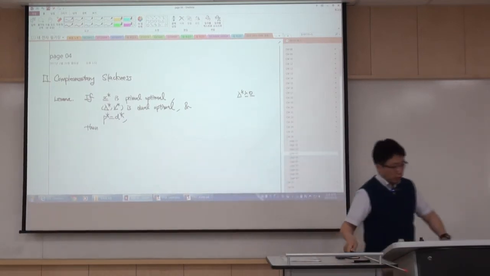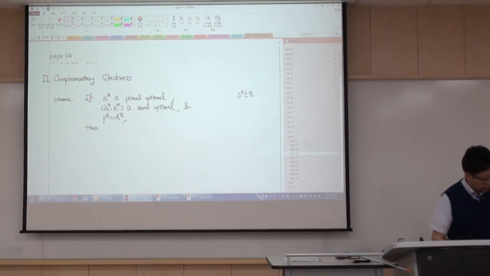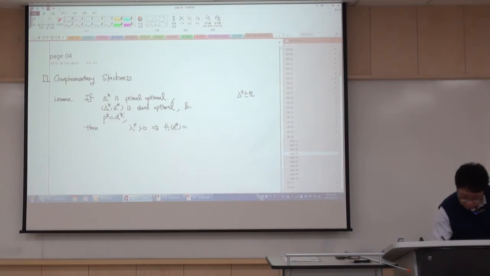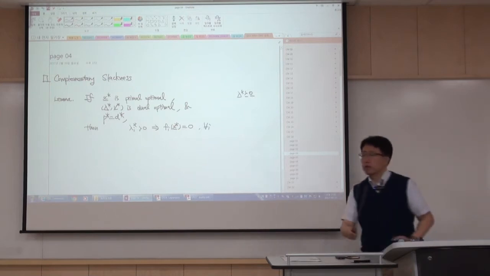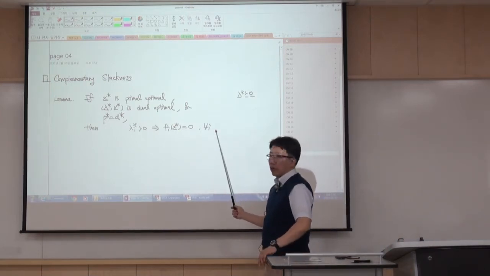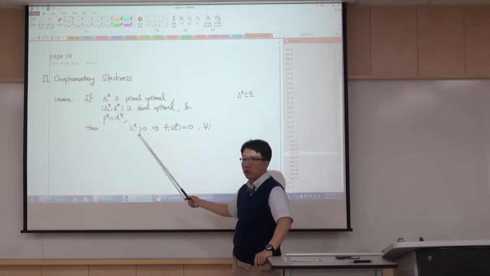And that consequence is interesting and stated like this: lambda_i star greater than 0 implies f_i of x star equals 0 for all i. Okay? So you test by changing i and check whether this holds.